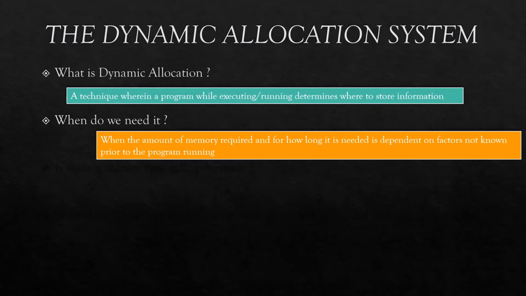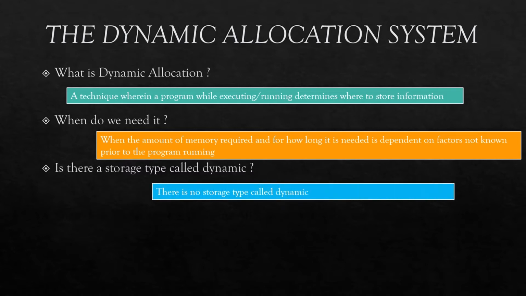Now a question may arise: is there a storage type that we can use called dynamic? And the simple answer is no, there is no storage type called dynamic. In fact, the only way we can use dynamic allocation is through calls to library functions.